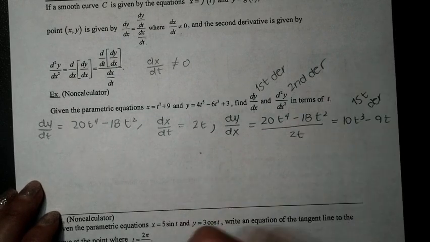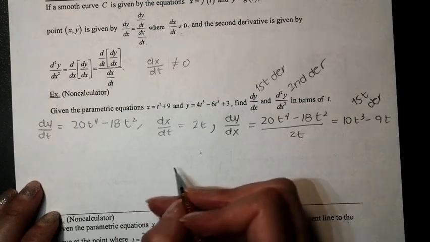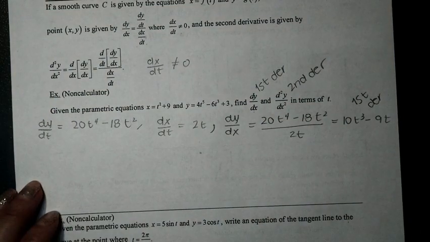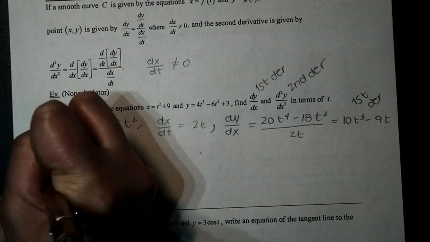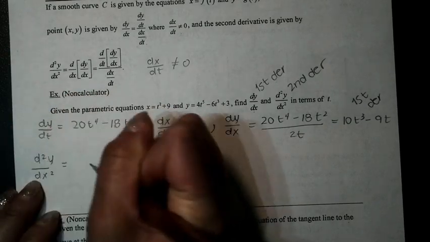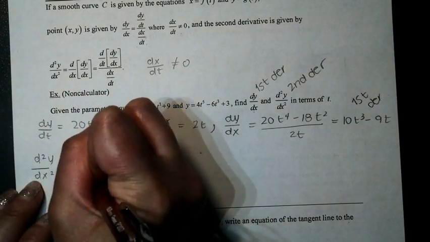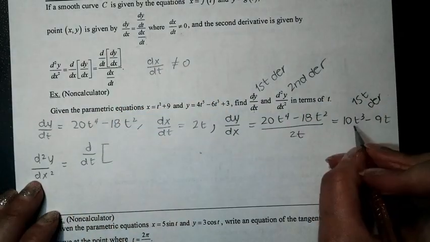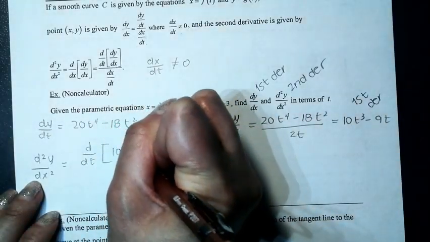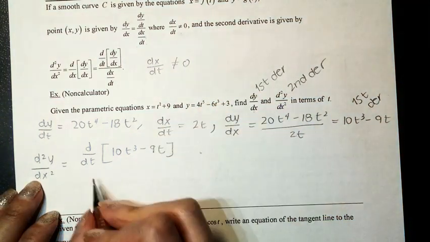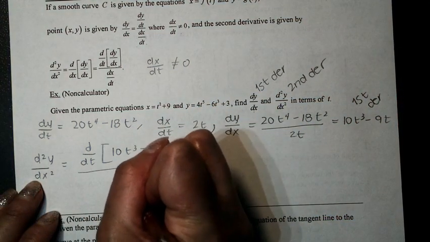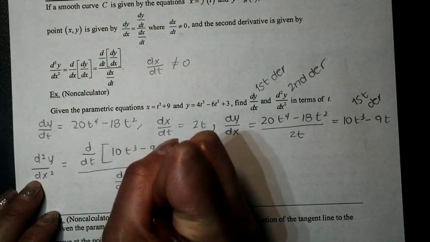Now you're going to tell me how in the world I can find my second derivative. Well, we have all the pieces of the puzzle. So what's the business here? The second derivative is equal to the derivative with respect to t of this guy that we have, 10t cubed minus 9t, and all of this divided by dx/dt.